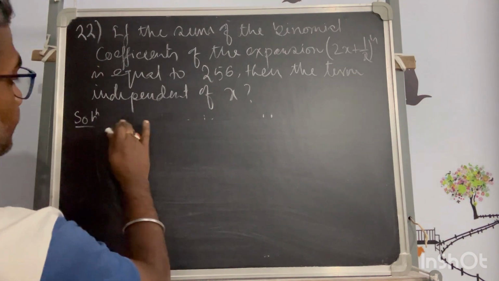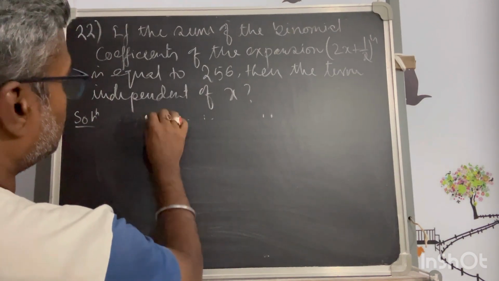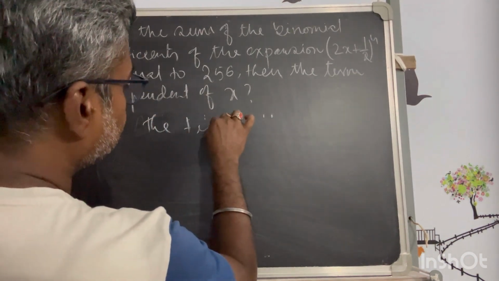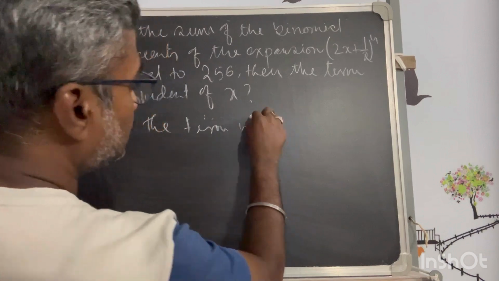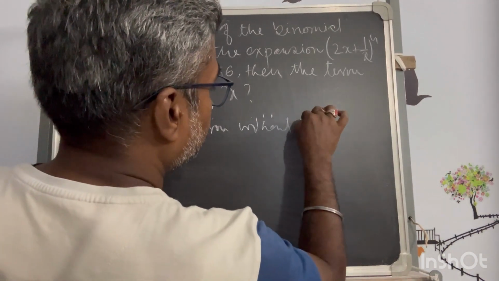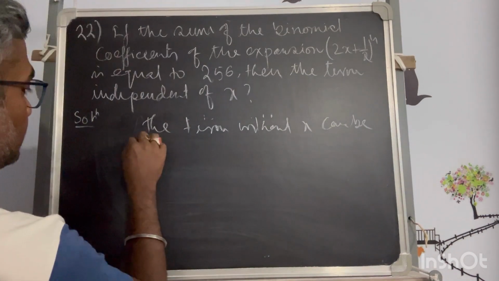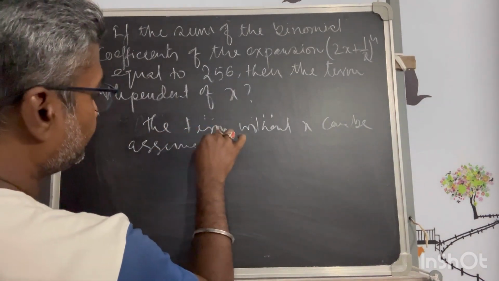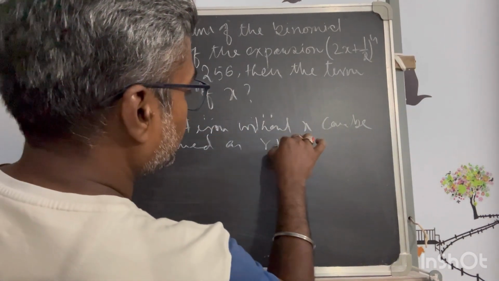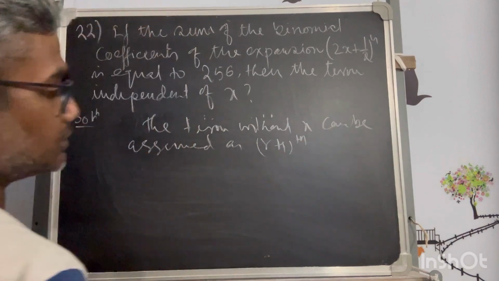Once you have found n is equal to 8, the term without x can be assumed as the (r+1)th term in the series, the same rule.